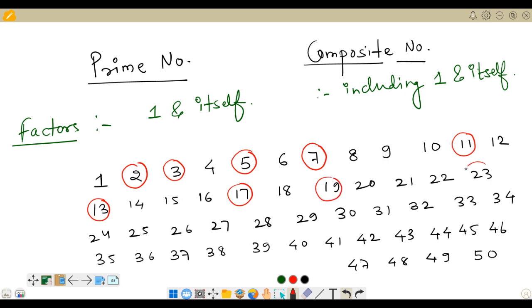Then 23. After that, tell me. 27? Are you sure? Oh, no. 29. After that, 31. Then after 31, is it 41?